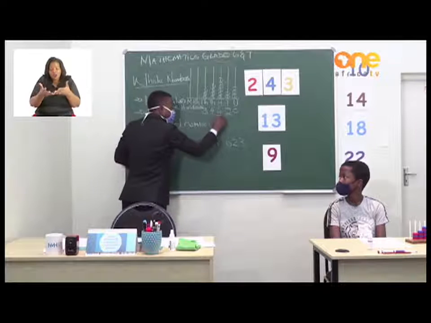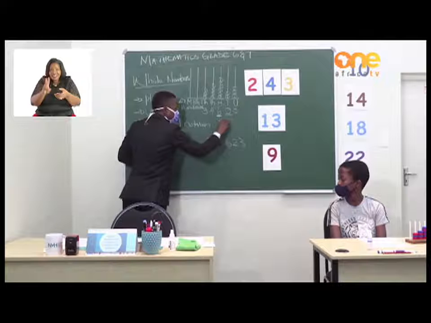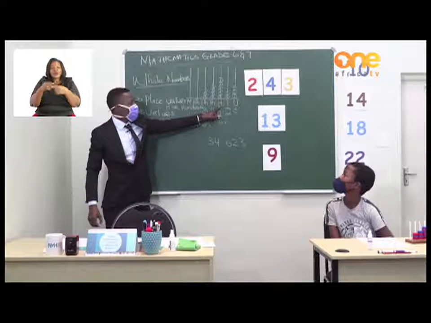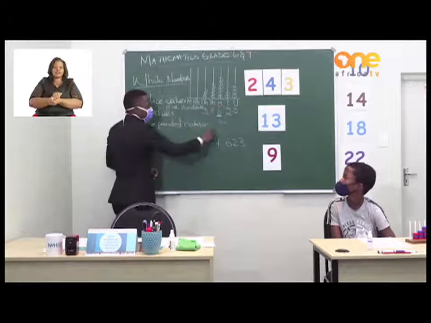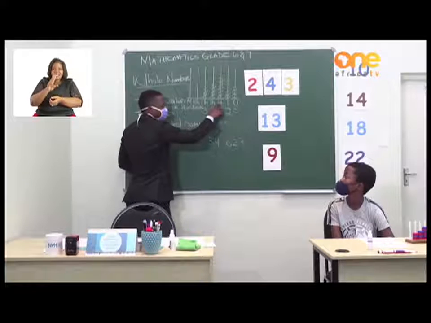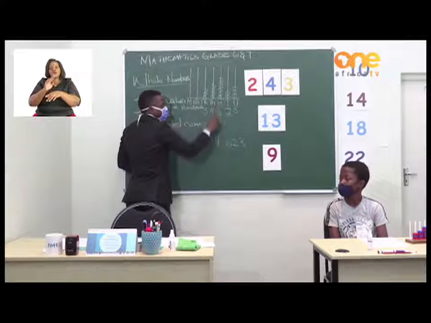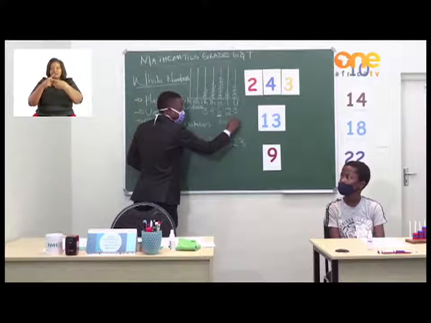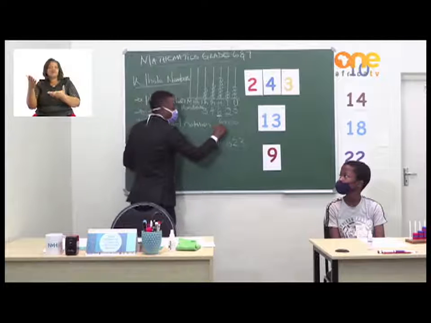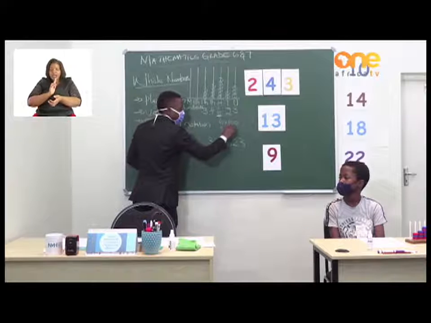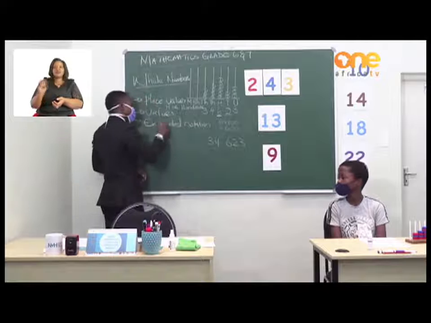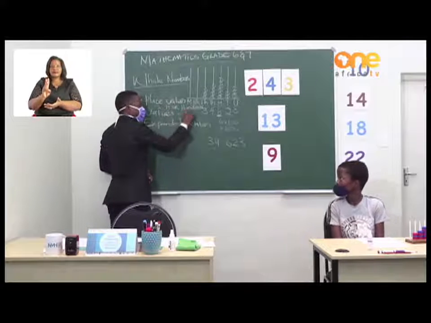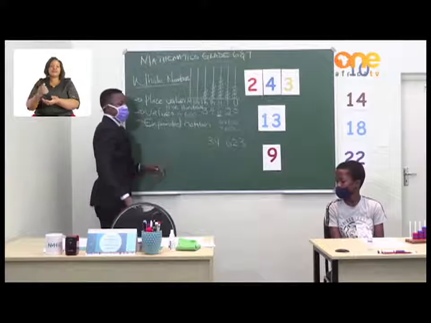You take 6 and multiply it with the place value of 6. 6 is in position of 100, so you multiply 6 times 100 to give you 600. So the value of 6 is 600.